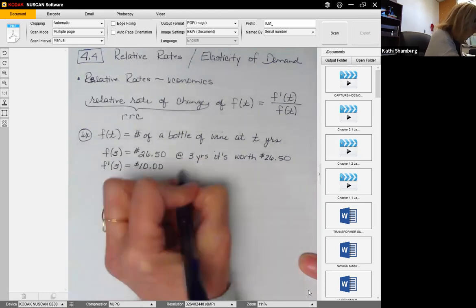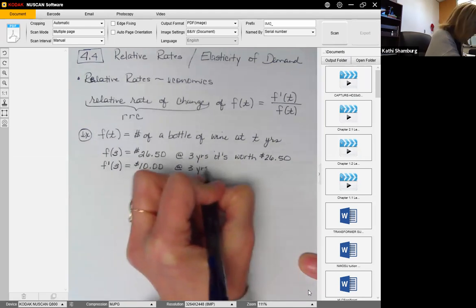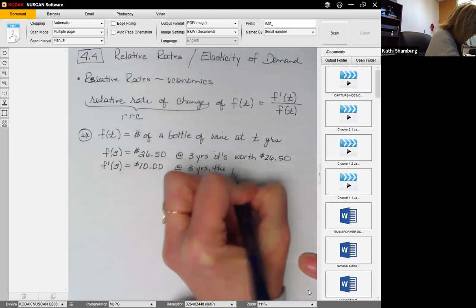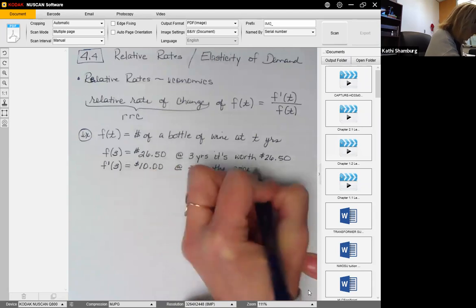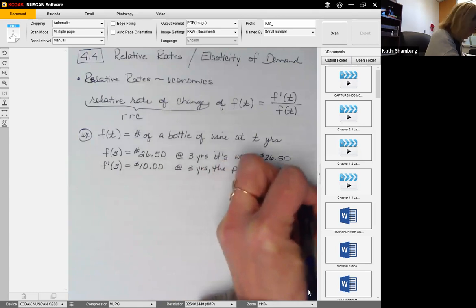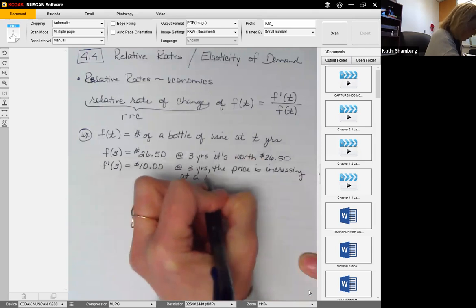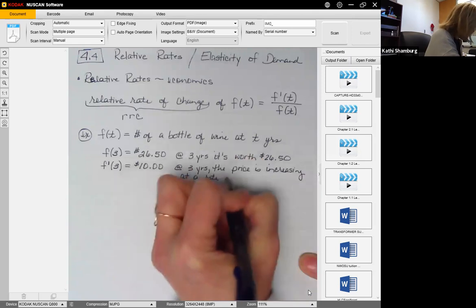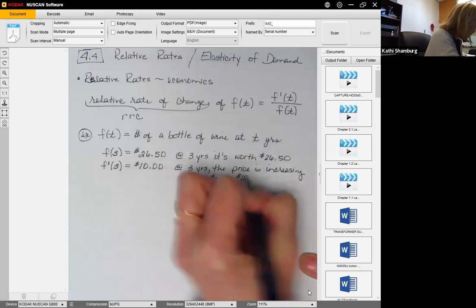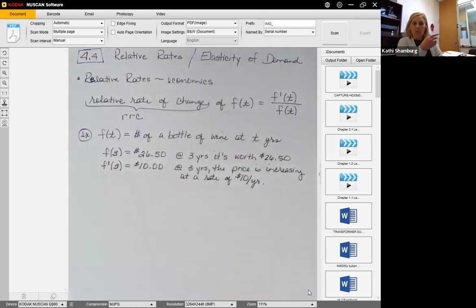Now, just to remind you what that means is, at 3 years, the price is increasing at a rate of $10 per year. So we know it's increasing because that's a positive 10.